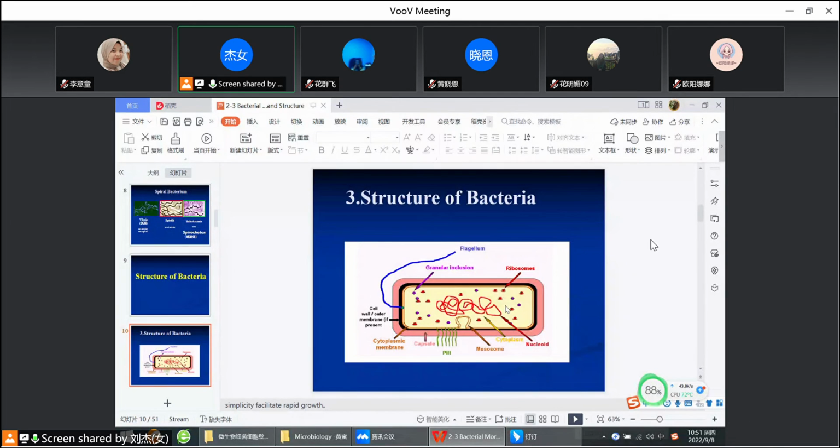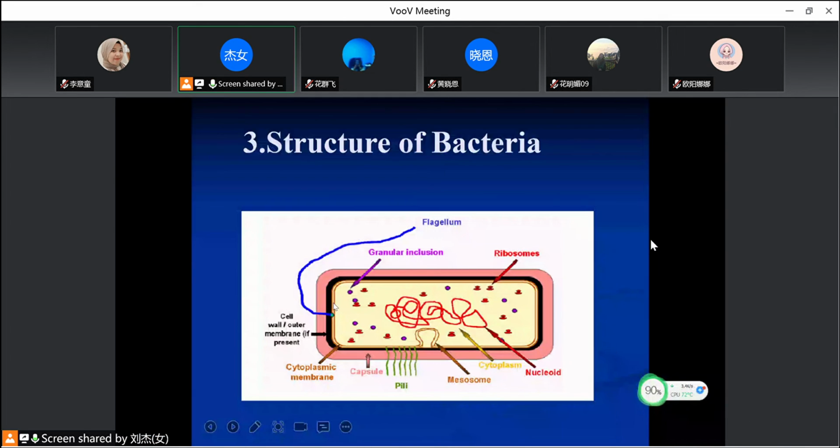Here it shows a typical structure of bacteria. Okay, this is a really simple picture. They have flagella, right? Flagellum, and then they have a cell wall.